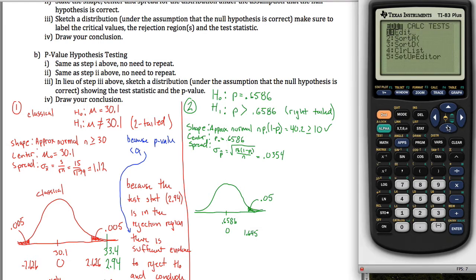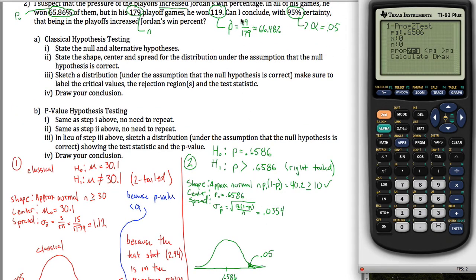The way you do that is you hit stat and go over to tests, and this is a one prop z test. We're dealing with proportions, and we only have one proportion, so one prop z test. Hit enter, it'll ask you for p naught, which is 0.6586. It'll ask you for x, the number of games he won in the sample.